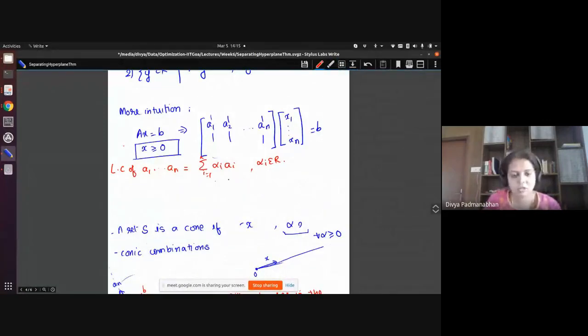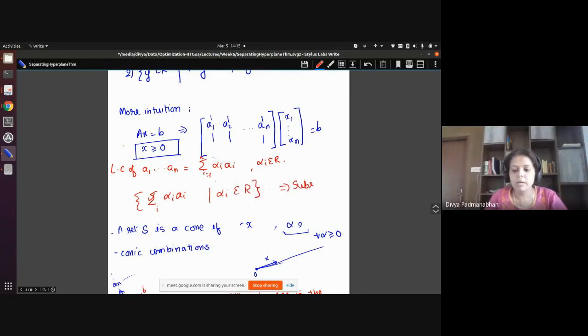So a linear combination means you're taking any possible combination. There's no restriction on these signs. So if you let alpha take any value in R, what you're going to get is a subspace. The set of all values of the sum of alpha_i a_i for all alpha in R is going to be a subspace.